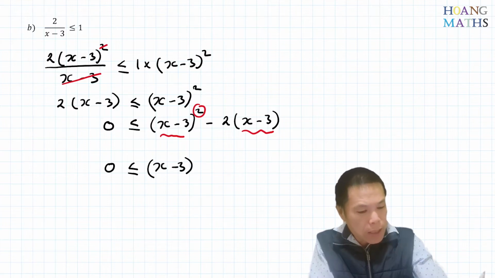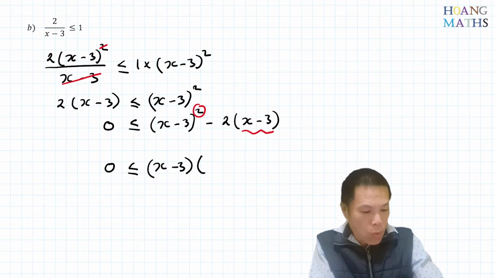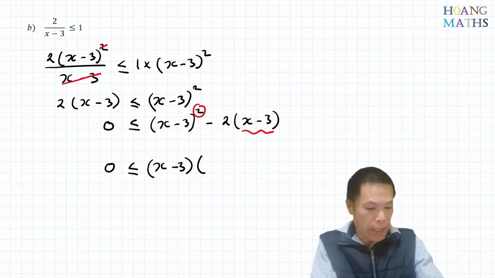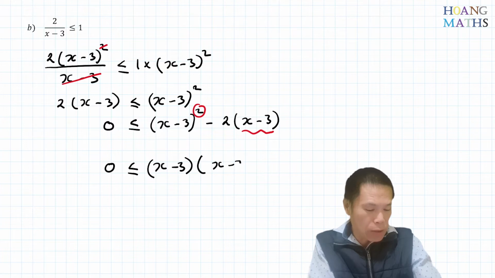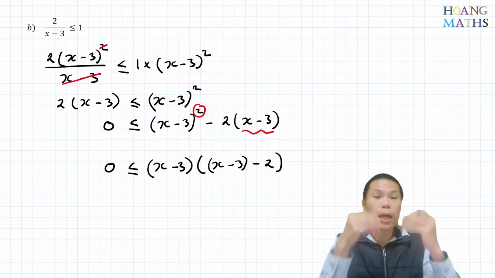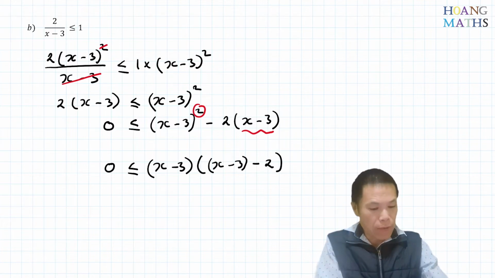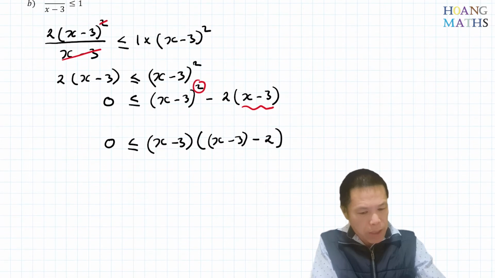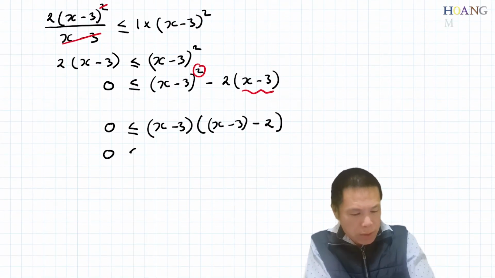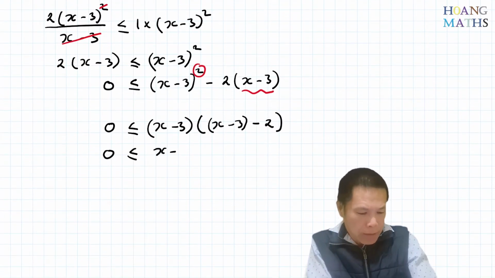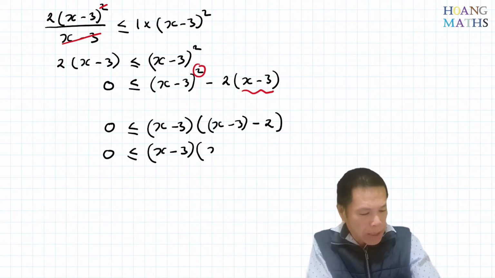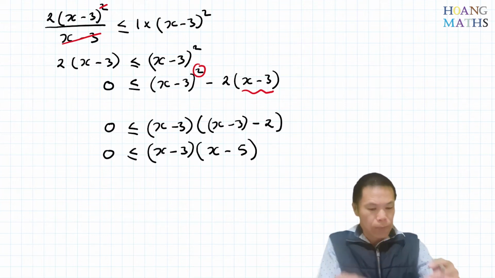Because I took 1 out, it still leaves one x minus 3, and minus 2 left on this part. So there you go. Now I just simplify further. That will give me 0 less than or equal to x minus 3, and then expand this out, so x minus 3 minus 2. So that's x minus 5. There you go.